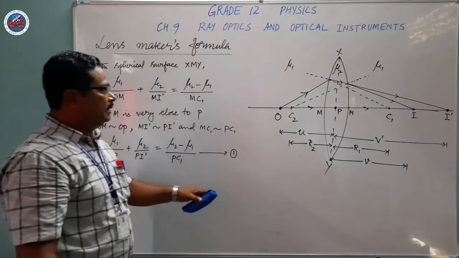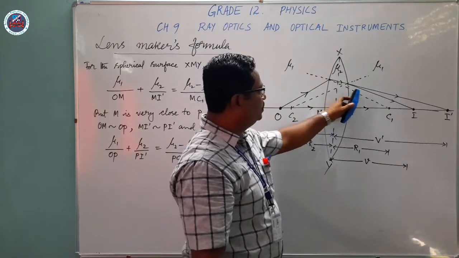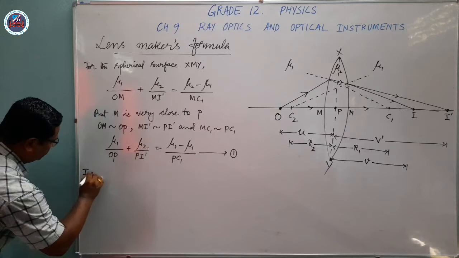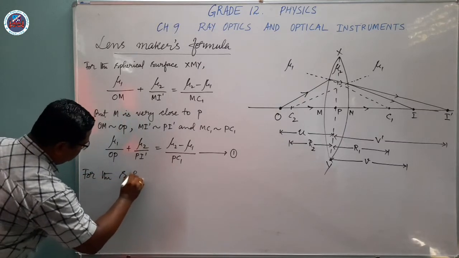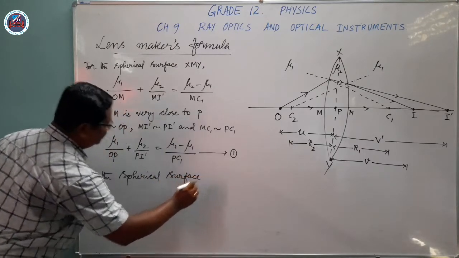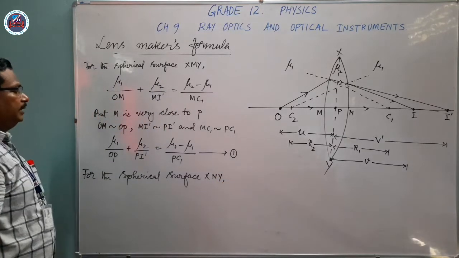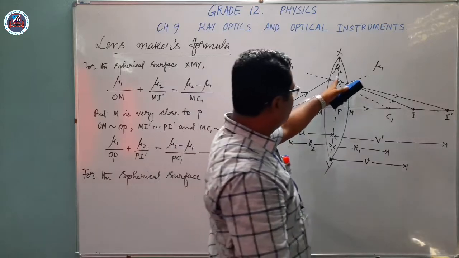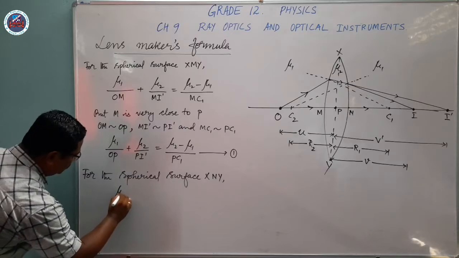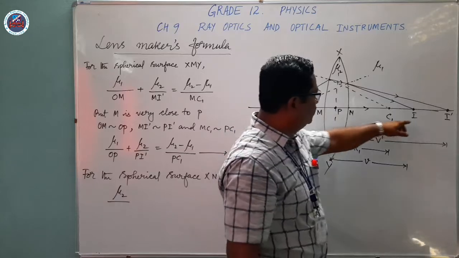Now, in the second case, when you take the spherical surface X, N, Y, light is entering from mu2 to mu1. So we'll write like this. For the spherical surface XNY, light is entering from mu2 to mu1. So you start with mu2, here you write mu1. Mu2 divided by object distance. Now this time the object for this surface is the virtual object I dash.